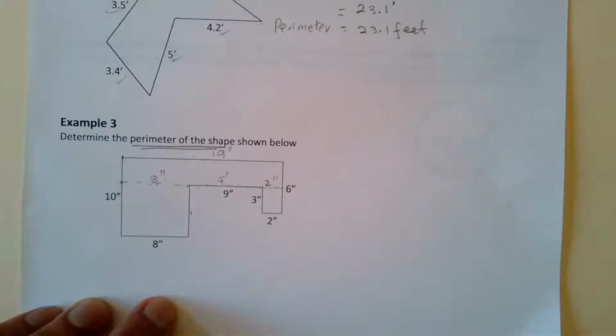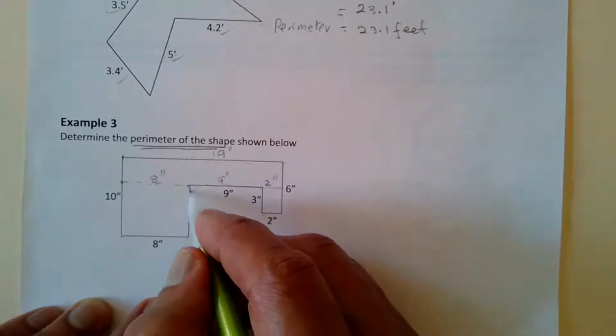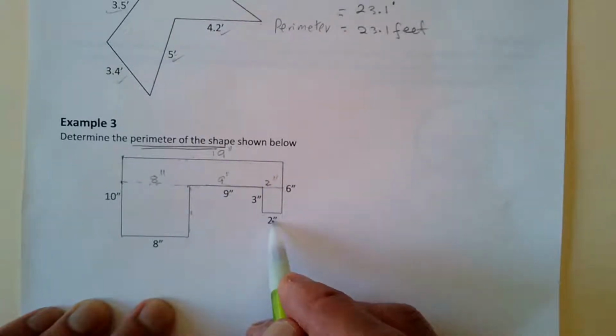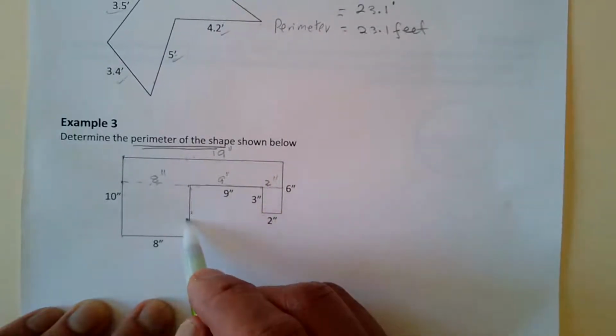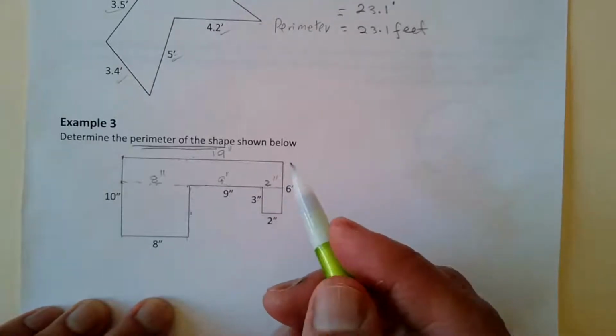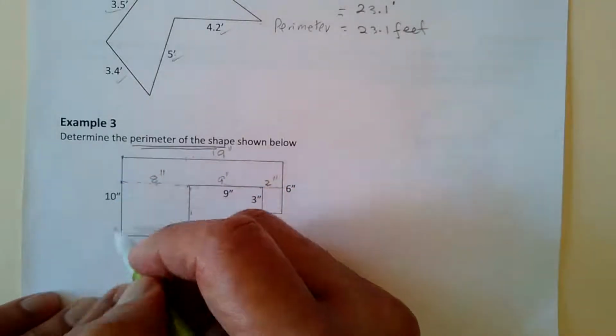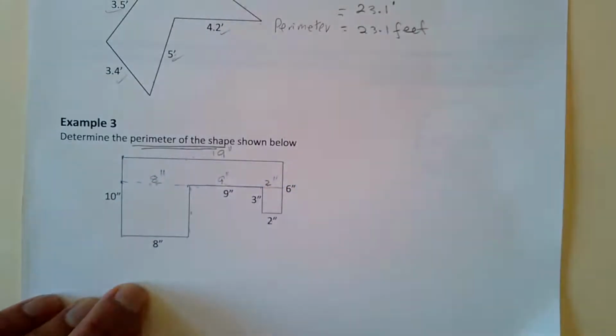The next one, it's this dimension here. We don't know it. So we have 10, we have 19, we have 6, we have 2, we have 3, we have 9. We're missing this one now. Now, here we go. We know this length here is 10, is given.